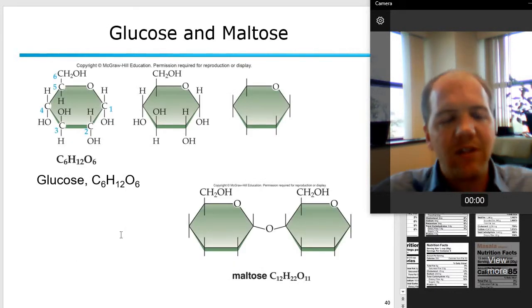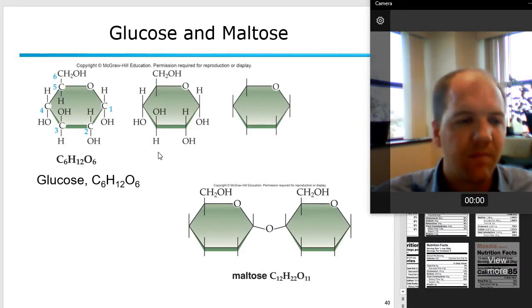So we can further take these molecules and make other polymers. This slide here shows how you can take two glucose molecules. So this is the chemical form of a glucose molecule. So you can see all the carbons and hydrogens in here. And here's another one. Now we can also draw it like this. This is still considered a glucose molecule.